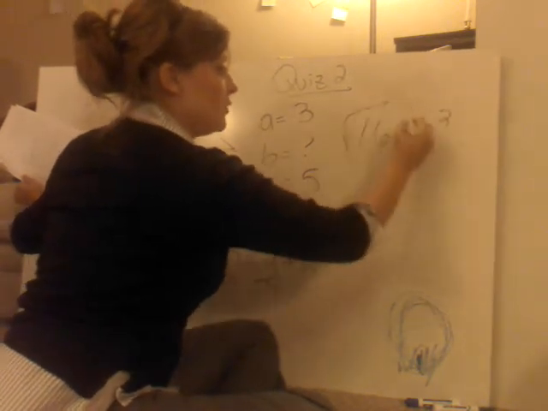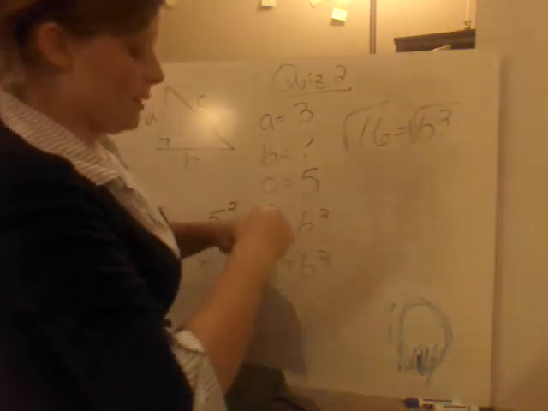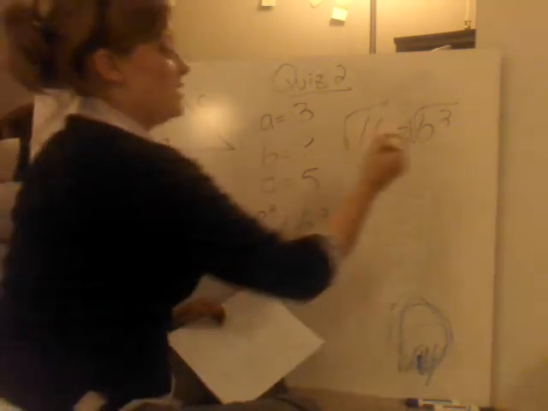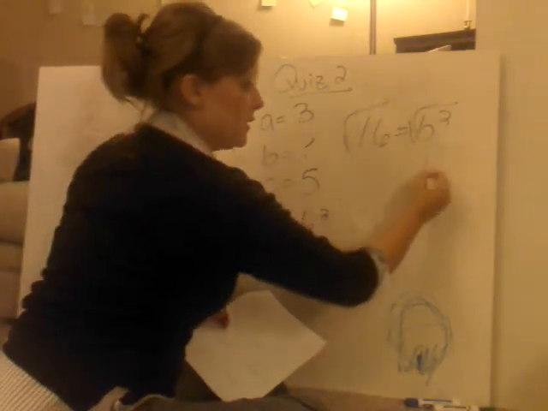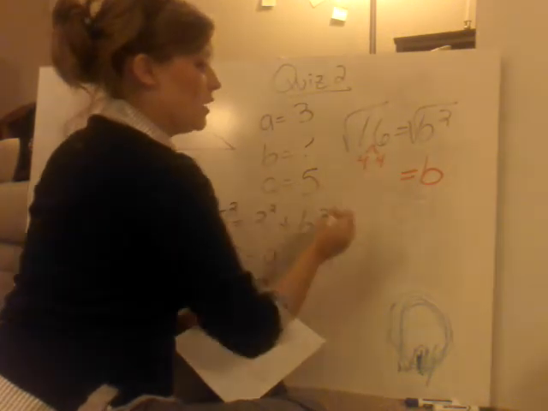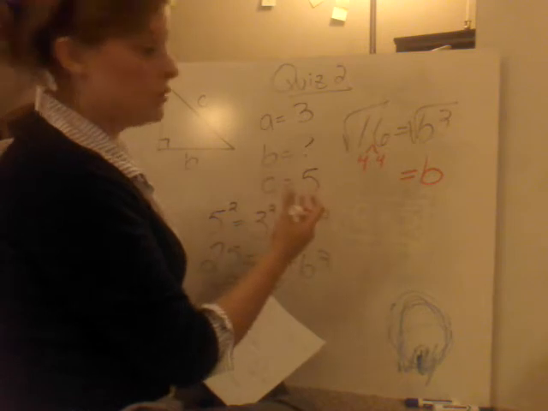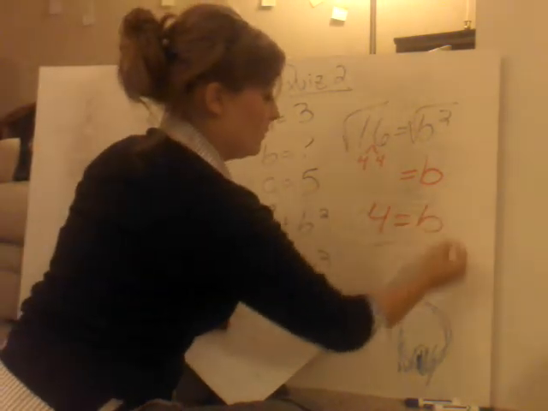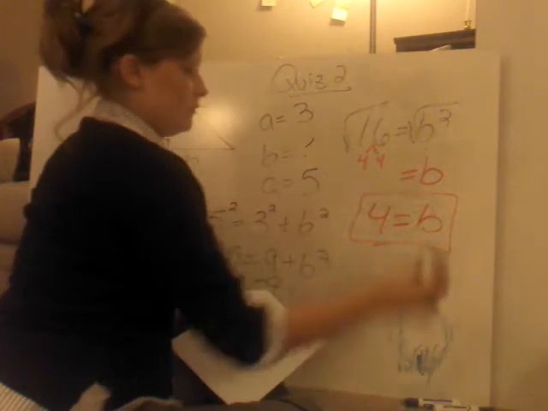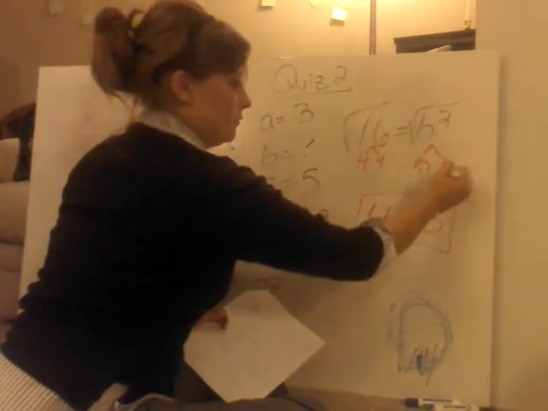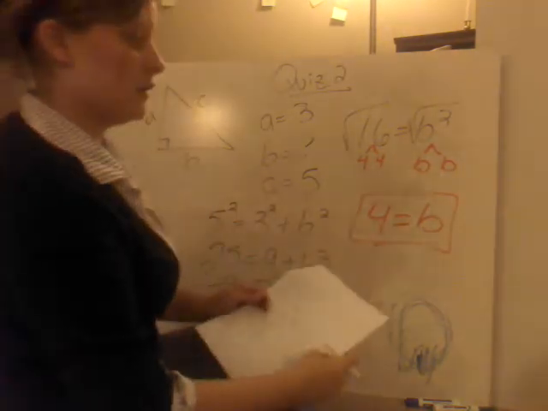I take the square root of both sides. Okay, this is 2 B's. So I get B is equal to, 16 is 4 times 4. I don't need to break it down anymore because I have two 4s. 4 equals B.